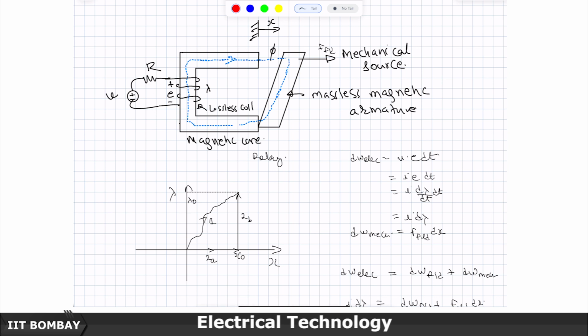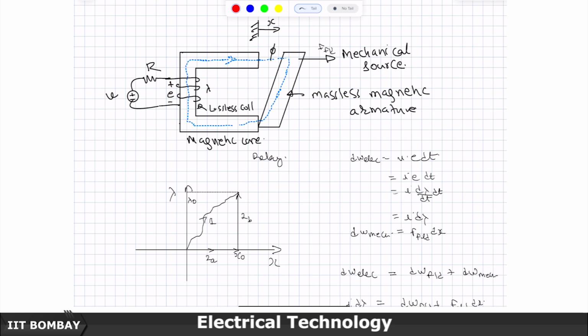So, we said that initially the system is unenergized. This whole action is happening because I am pushing electrical energy into this system, and this exerts a force of f_fld on the mechanical source, and if there is a movement of dx in this direction, then the work done will be f_fld dx.